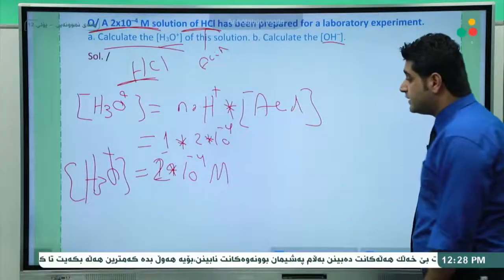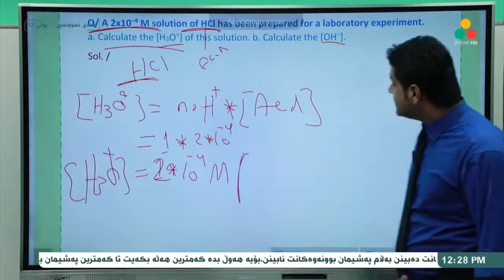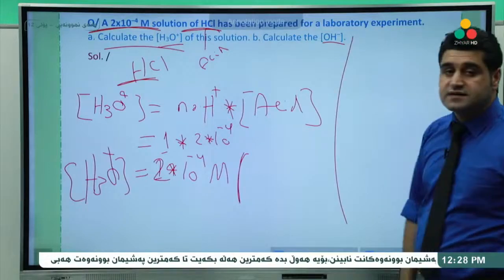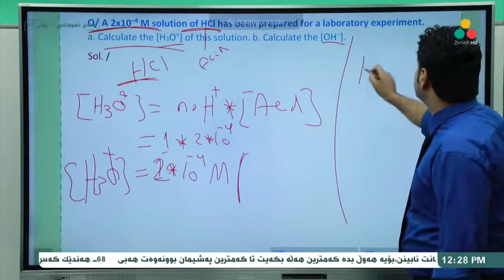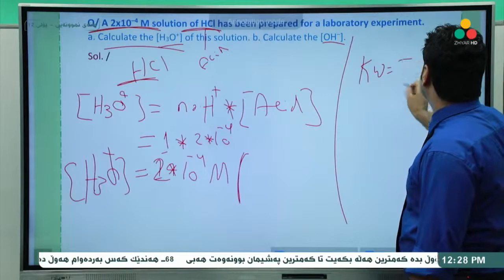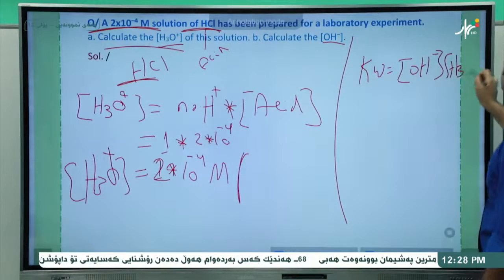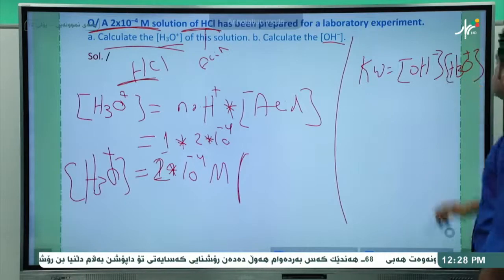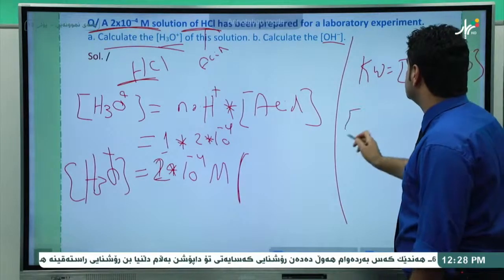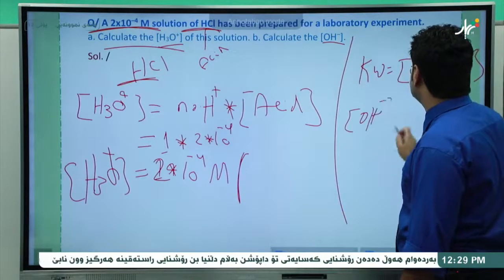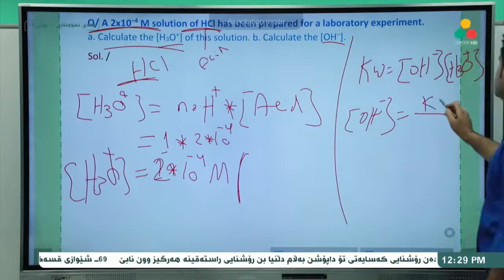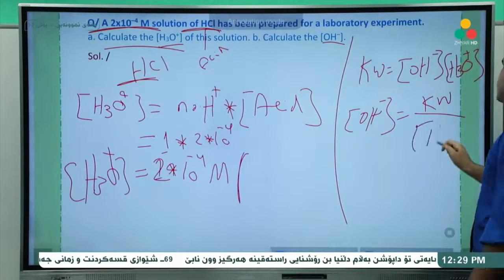What about B? Okay, we have hydronium ion. Immediately we can get the hydroxide ion using the Kw value. Kw is equal to OH times H3O. So now we have a plan to get the value of OH, which is equal to Kw divided by H3O.